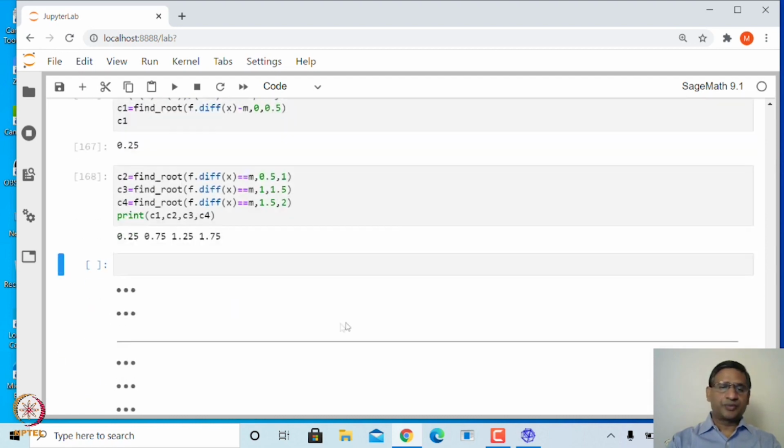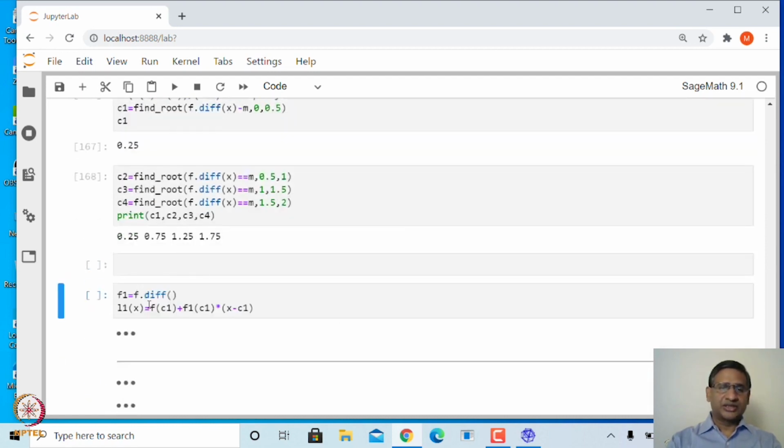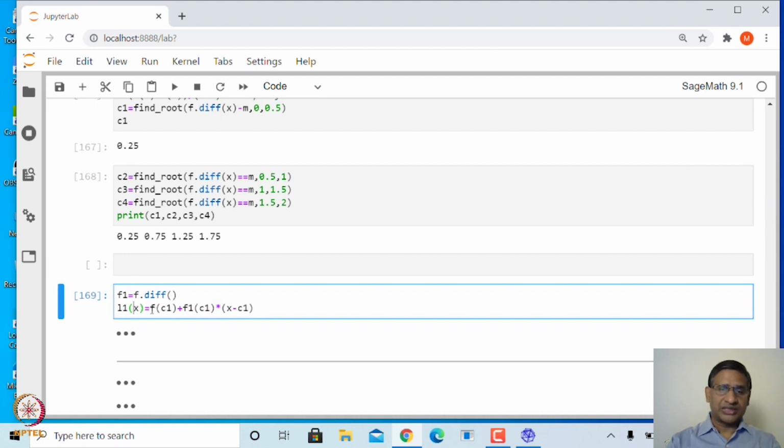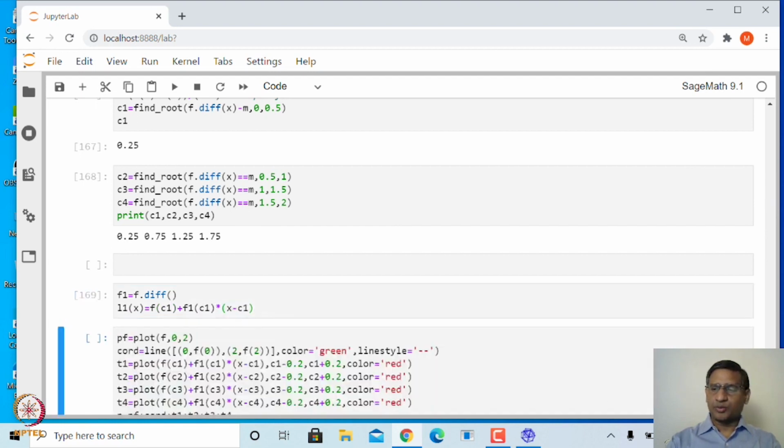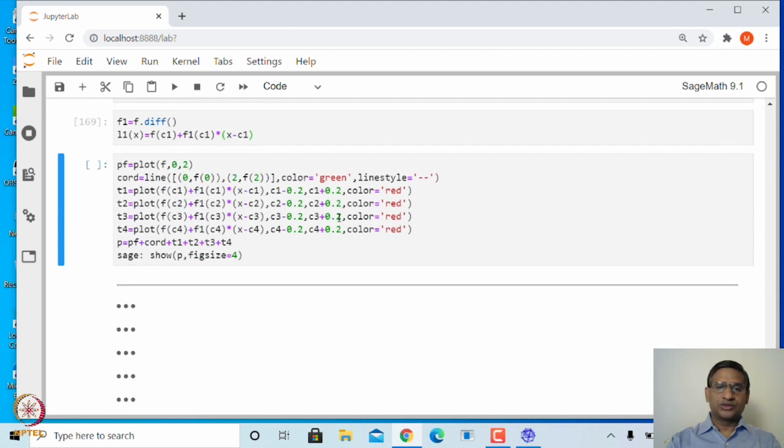At these points let us plot the tangent. What will be the tangent? The tangent L1 at c1 is L1 equal to f(c1) plus f'(c1), that is the value of the derivative at c1, times (x minus c1), and then we plot the tangent to this curve.